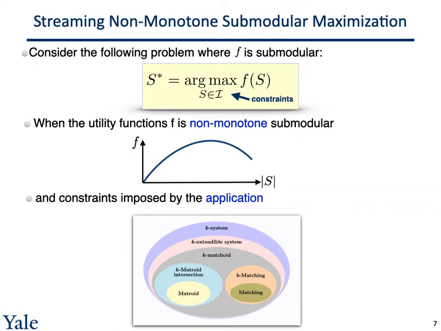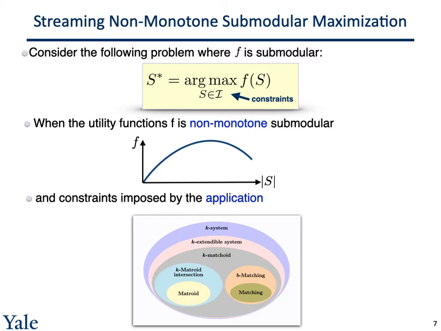More concretely, in this paper, we consider a very general form of constrained submodular maximization, where the goal is to maximize a submodular function f over a set of feasible solutions I in the streaming setting. Generally, f could be non-monotone and constraints are imposed by the application.